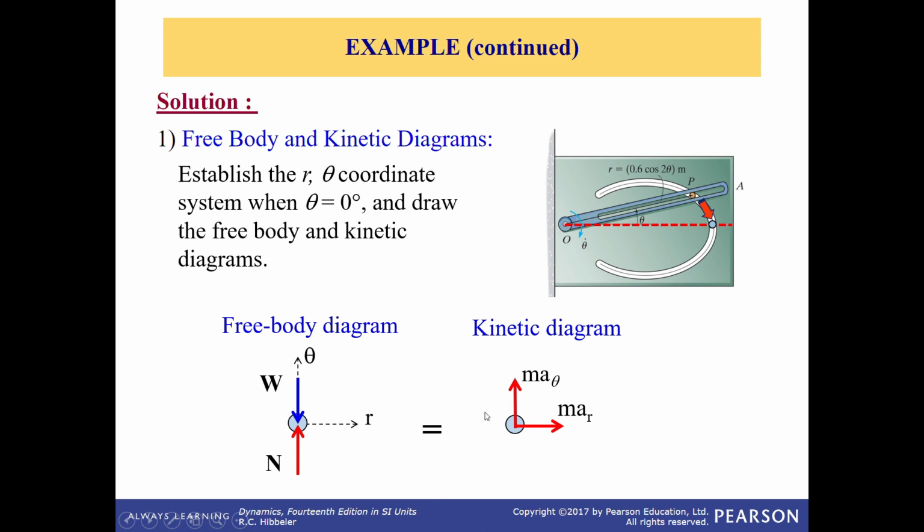All right, we know that the kinetic diagram is always concerned about the motion of the particles. In this case, if we reflect back to the r and theta axes, the motion will always act as m a_r, and for theta, m a_theta.